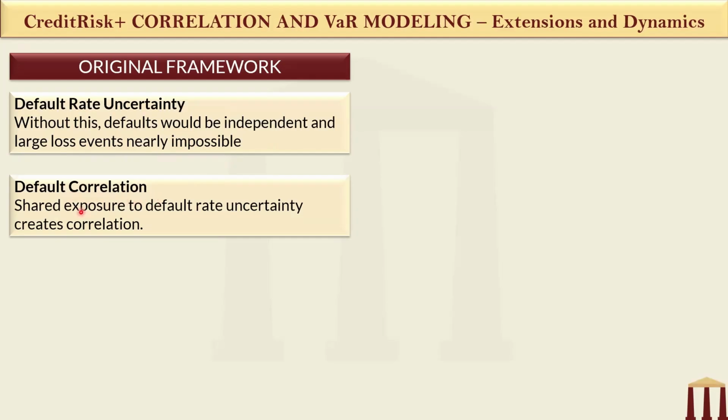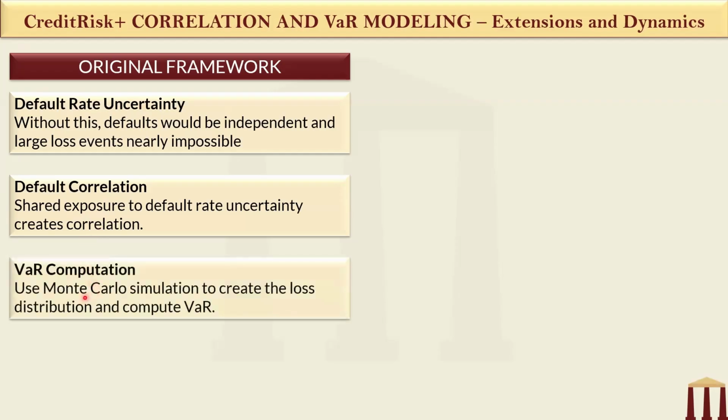Firms which are exposed to the same economic environment share similar exposures, and that's why their default probabilities move together.